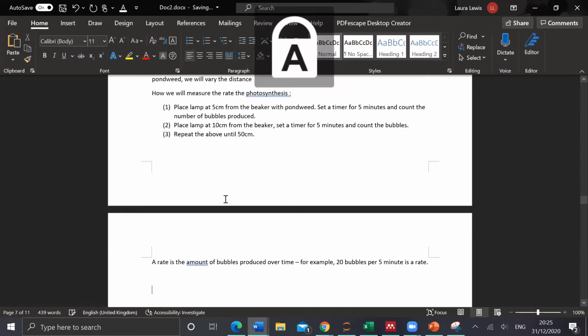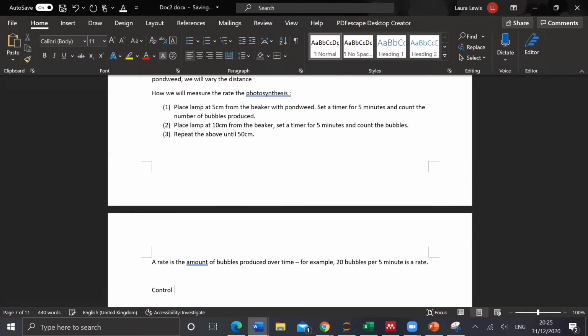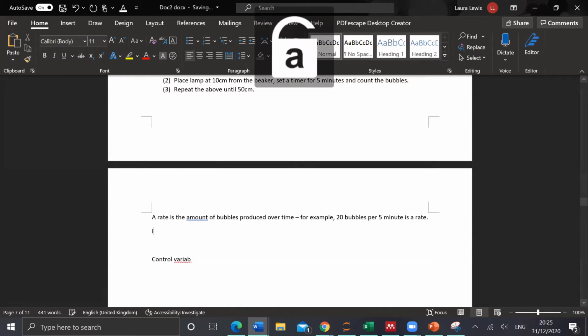Something we haven't talked about is control variables, what we need to keep the same. So let's talk a little bit about variables here. We've got the independent variable.